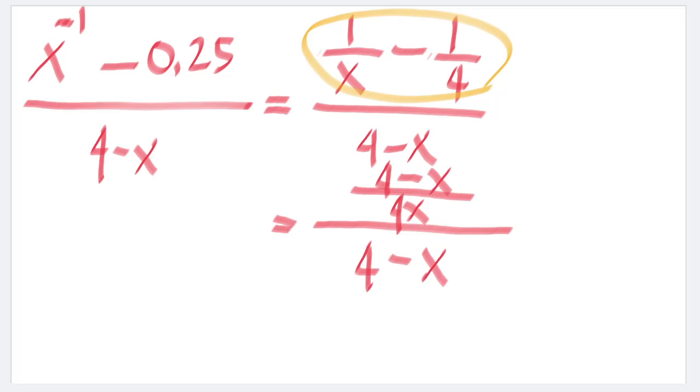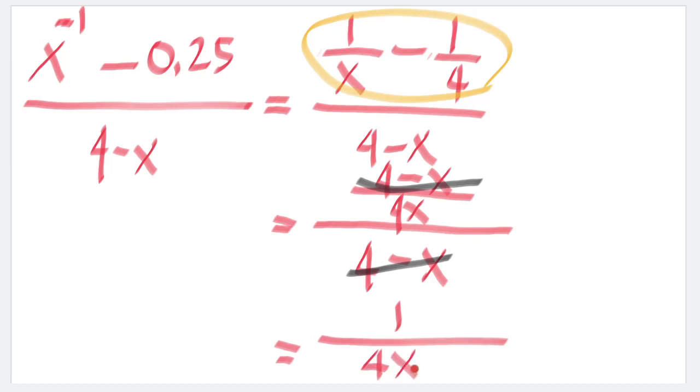Now question, can we cancel 4 minus x? Of course you can. 4 minus x is part of the numerator and 4 minus x here is part of the denominator. So you can cancel these 4 minus x's. Ang nabilin kay 1 over 4x.